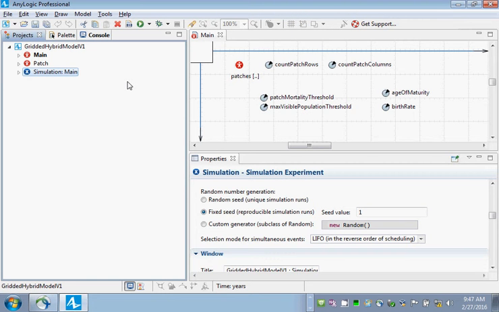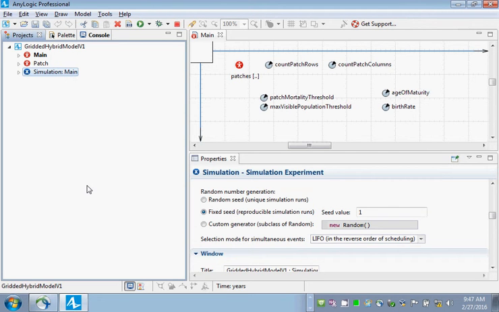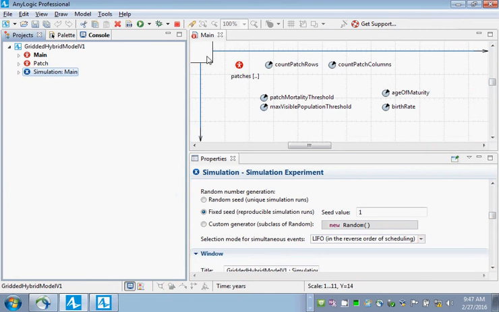Okay, in the final phase of work on the gridded hybrid model, we're going to be modifying this model to remedy some deficiencies associated with it. So you may remember that if we run this model now, we will see some diversity over time, reflecting the different number of individuals who begin in different patches.